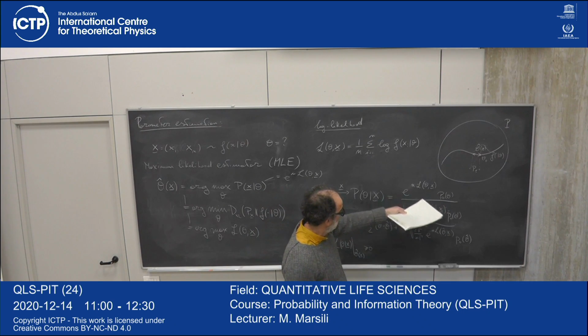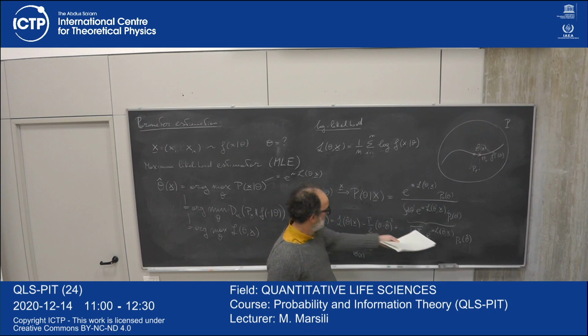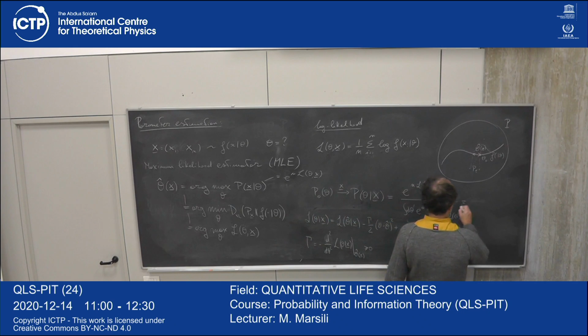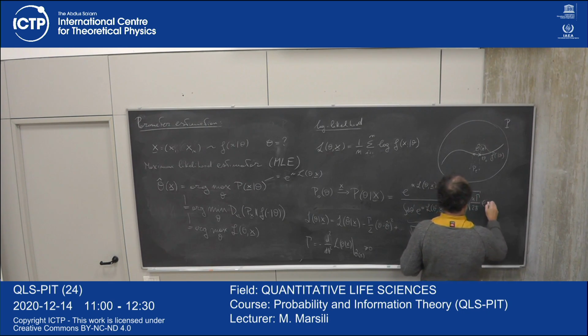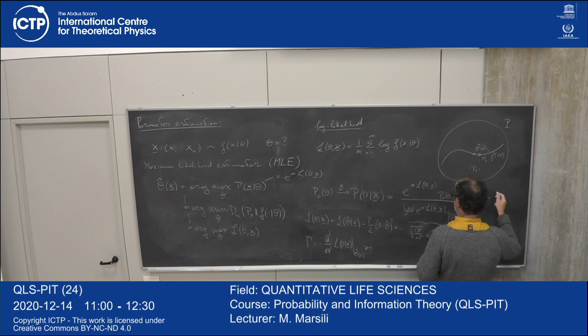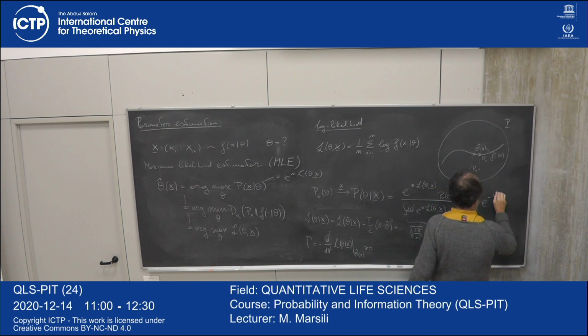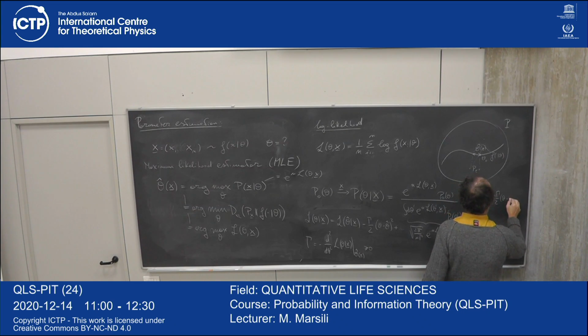And so you see that if I substitute this expansion in the numerator, then L of theta hat cancels, and I just have that this is square root of n times gamma divided by 2 pi, times e to the minus n gamma over 2 times theta minus theta hat squared.